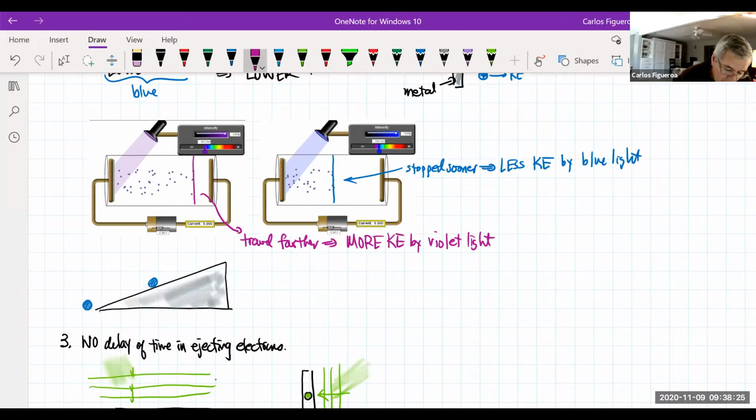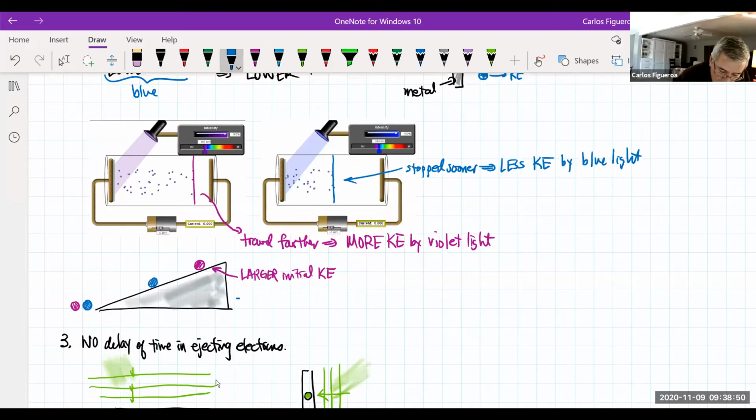But if I start off with the violet electron, because the light has more energy, the violet goes up higher up the incline. So if it goes higher up the incline, this means that it must have a larger initial kinetic energy.